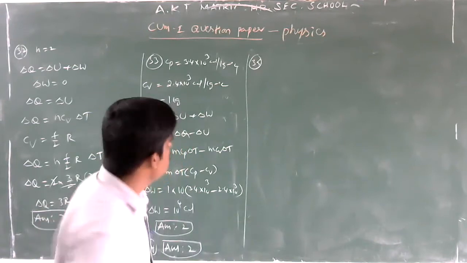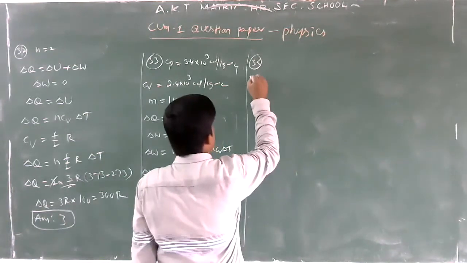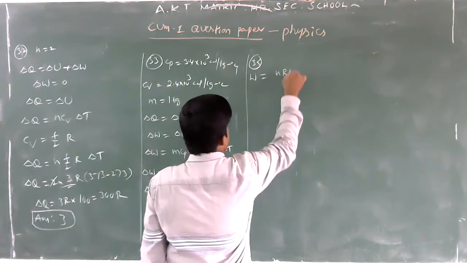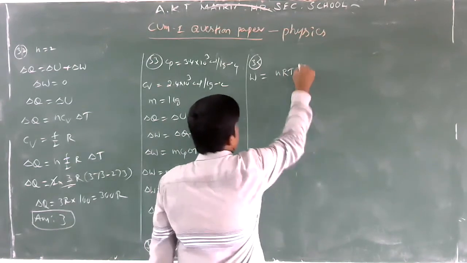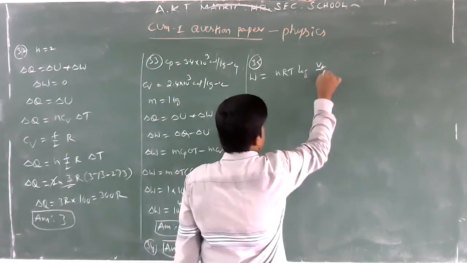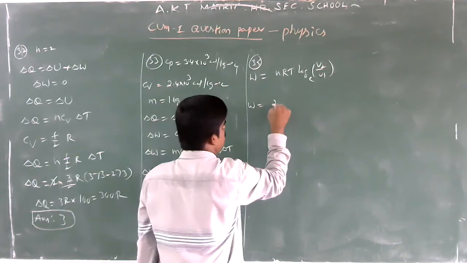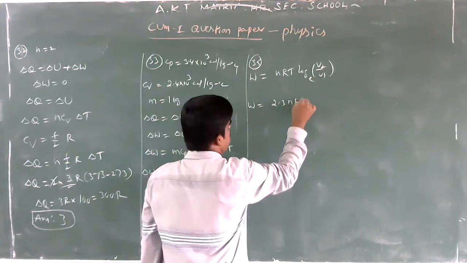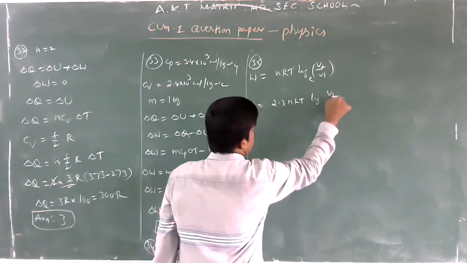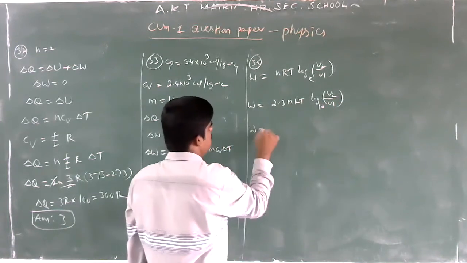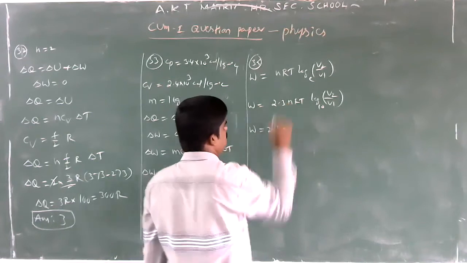Isothermal process. We know that in an isothermal process, work done by gas W is equal to nRT log V2 by V1 base e, or W is equal to 2.3 nRT log V2 by V1 base 10. The number of moles is not given.